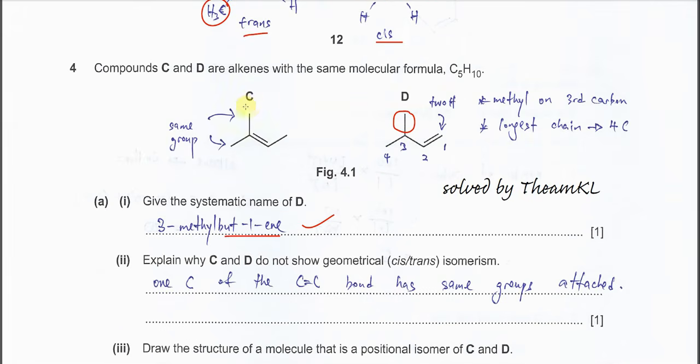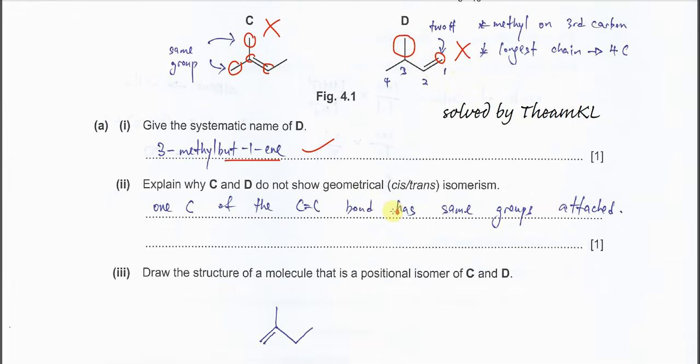Now let's look at C and D. From C, we know that the carbon in the C=C double bond, especially this carbon, has two same groups, two methyl groups. So C cannot form cis-trans isomerism or geometrical isomerism. If we refer to D, this carbon has two hydrogens. Two hydrogens means two same groups, and this one also cannot form cis-trans isomerism.